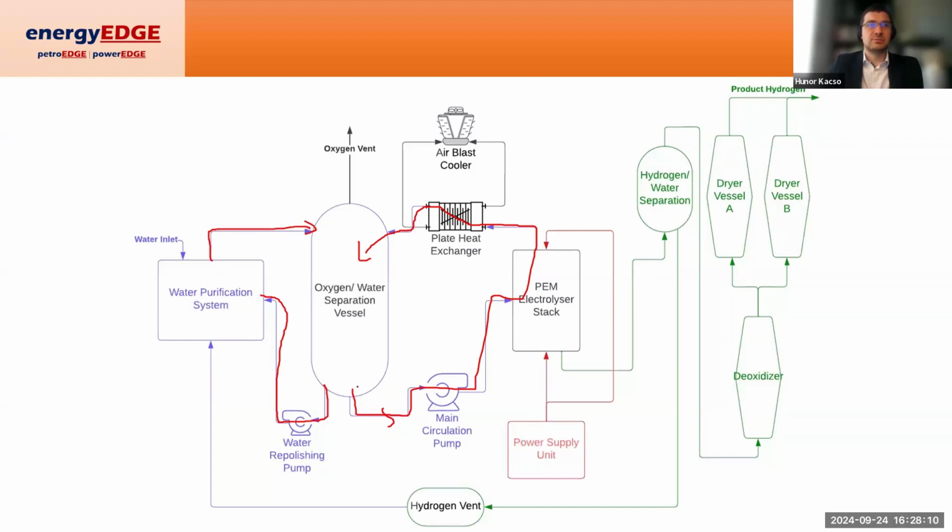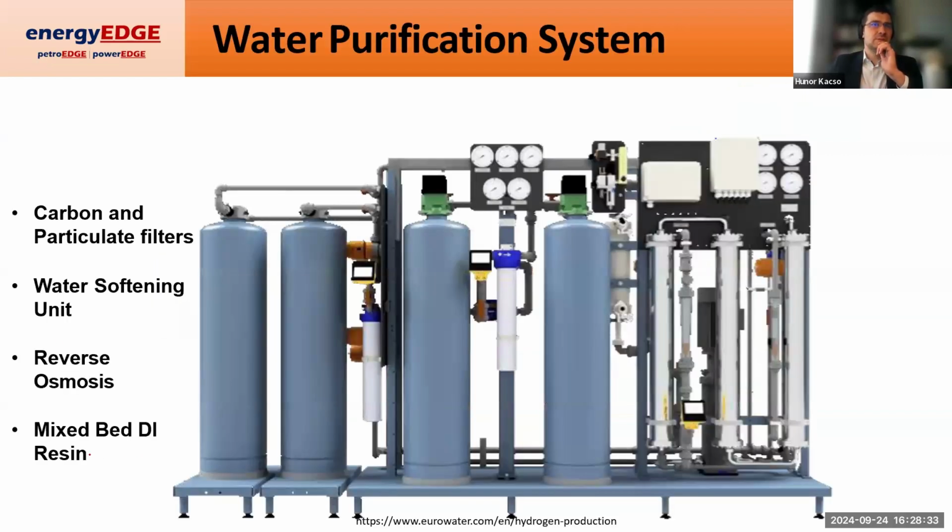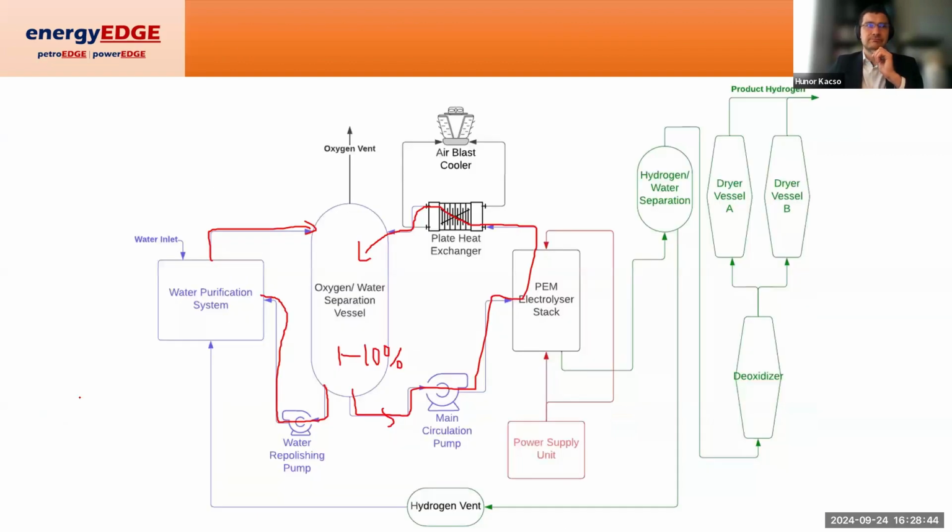Approximately 1 to 10% of the water that's going through the main circulation pump would be circulated back into the water purification system to be repolished. The water going back to be repolished will not go through all of these steps. It will only go through the mixed bed DI resin or something else, which we'll come to in a second.